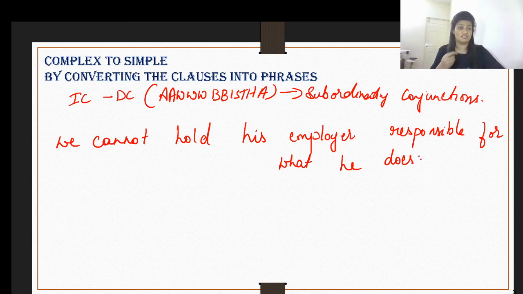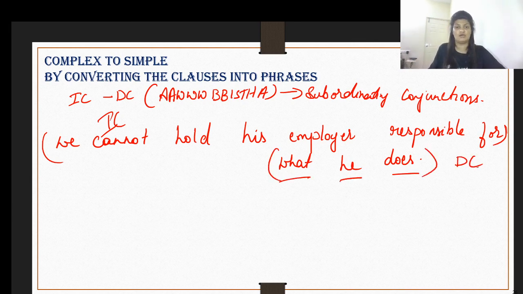Now your clauses are: we cannot hold his employer responsible for is your one clause, which is your independent clause. What he does is your dependent clause, and what is your conjunction. So now we got to convert this into a simple statement.